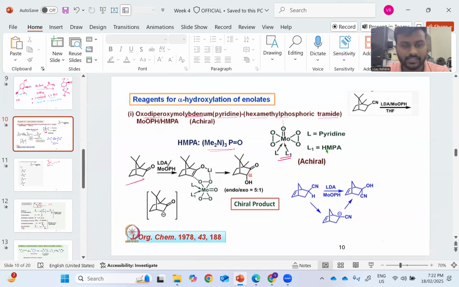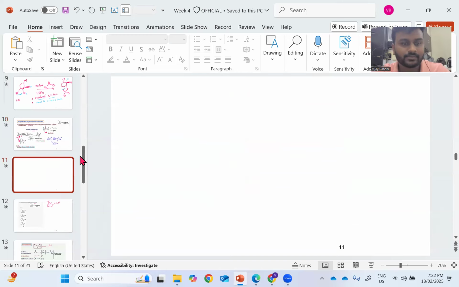We have a starting material which has a ketone, and especially in terms of such ketones, when LDA and this molybdenum complex react with it, it forms a chelate. The LDA abstracts the alpha proton. There will be two protons here, right? Once it abstracts the proton, it forms an enolate, and this enolate gets stabilized by the lithium.